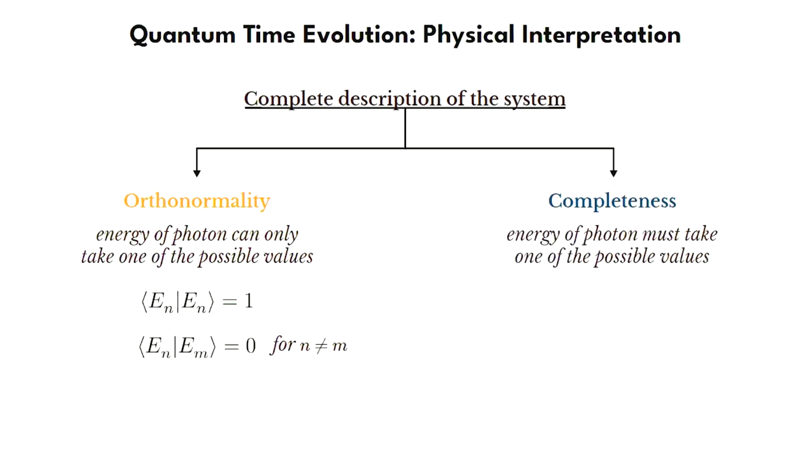Okay. And the other property is completeness. Like I said before, the sum of the probabilities of whether the photon is in blue color or the photon is in red color must equal 1, which means that the energy of the photon must fit one of the possible values.